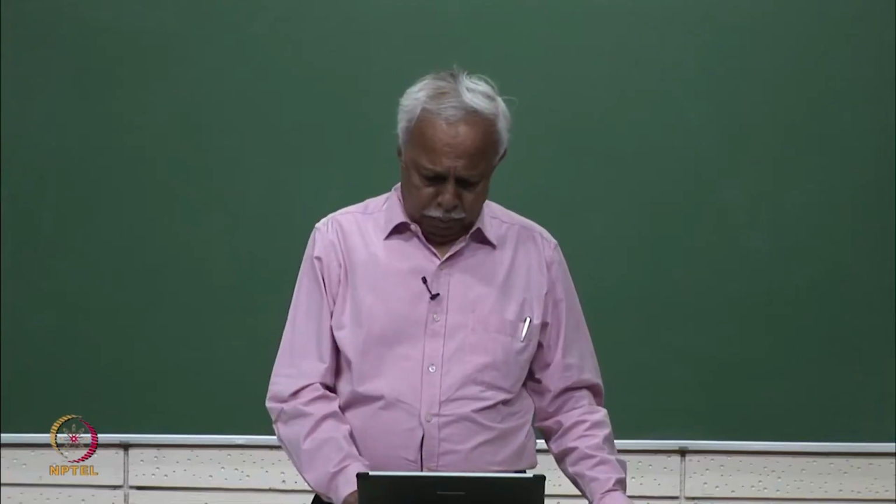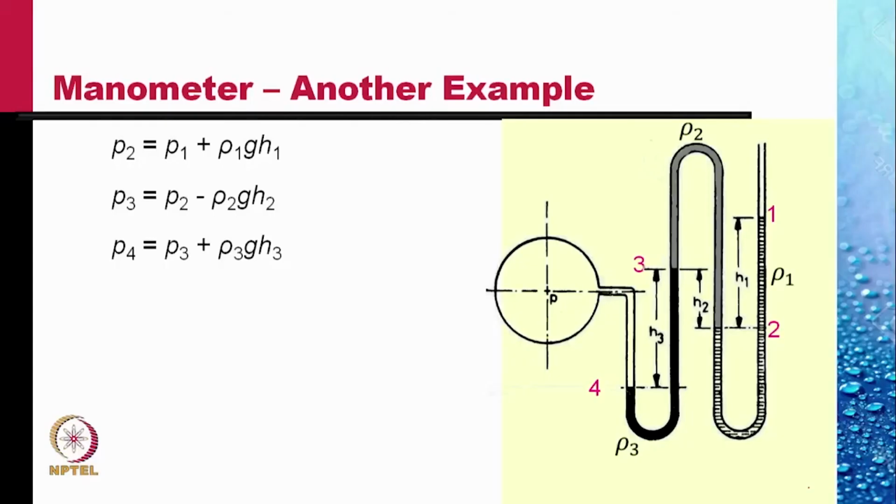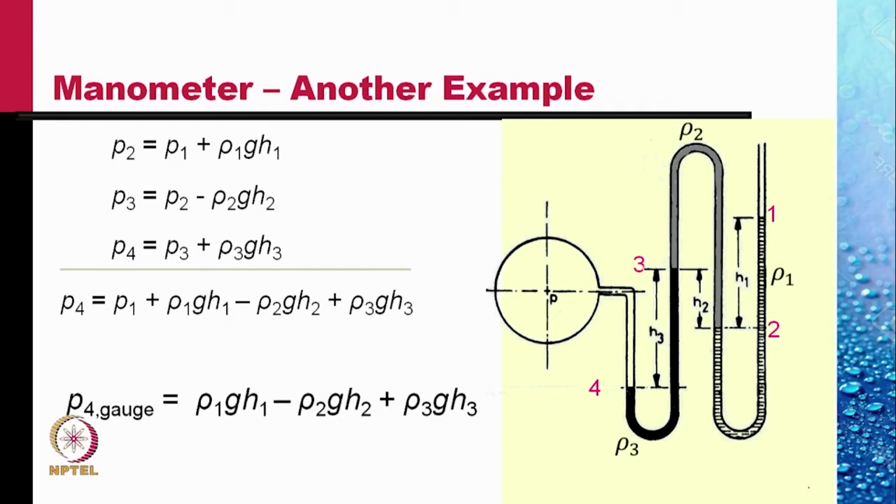Putting it all together, we get P4 is equal to P1 plus rho 1 gH1 minus rho 2 gH2 plus rho 3 gH3. Since P1 is the atmospheric pressure, the gauge pressure at point 4, P4 gauge, is given simply by rho 1 gH1 minus rho 2 gH2 plus rho 3 gH3.